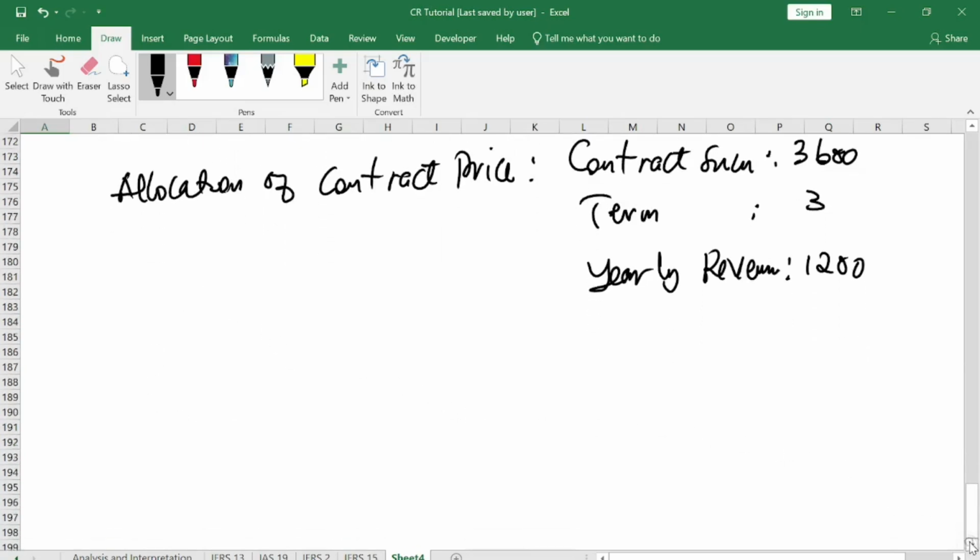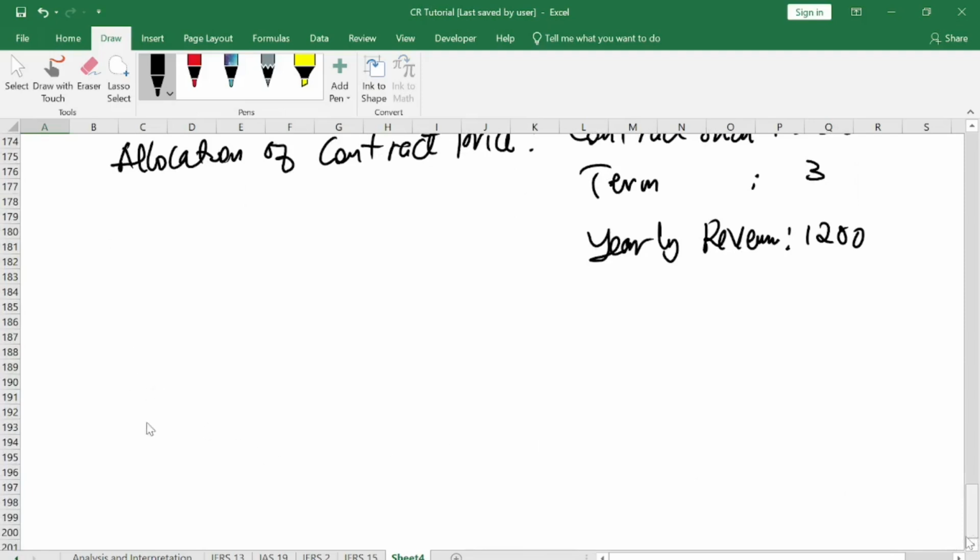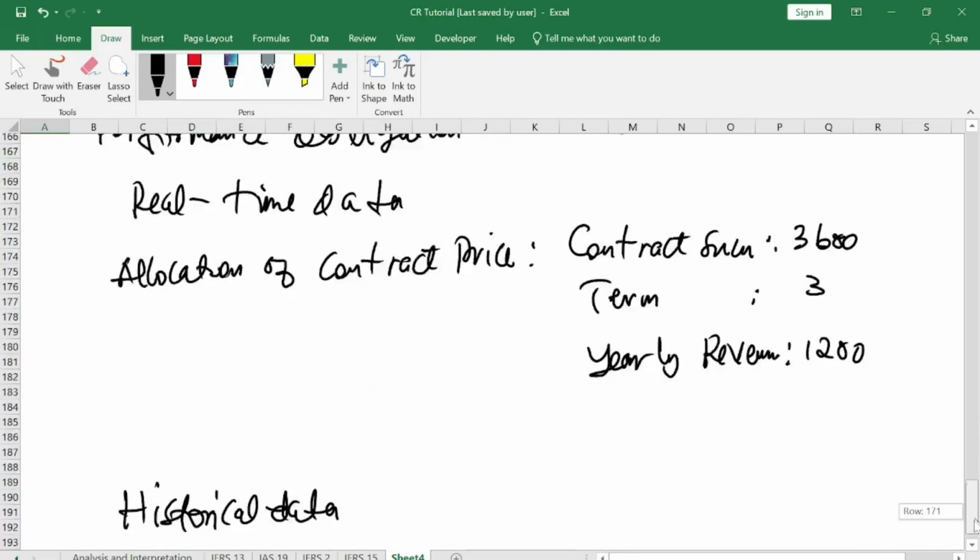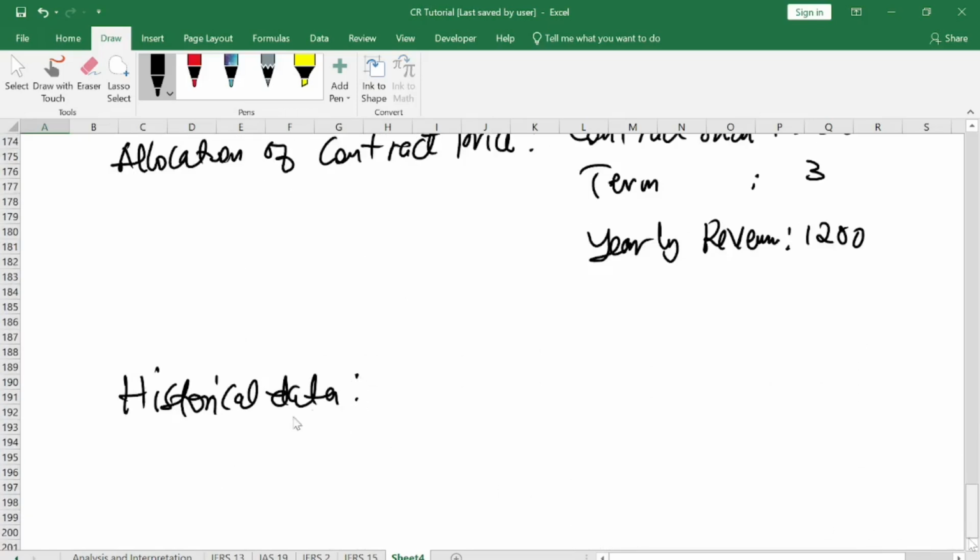Now let's look at the second scenario. The second scenario is historical data. So they said that the contract sum is how much? 800,000. And the term of the contract is 2 years.